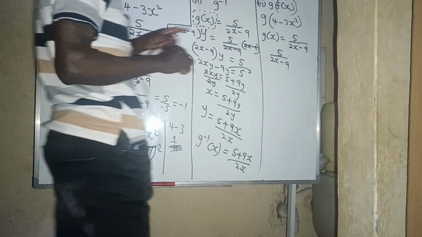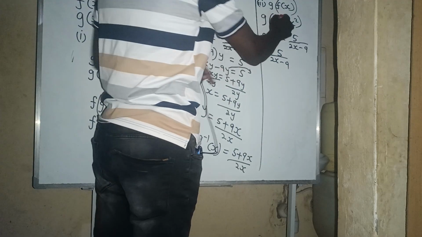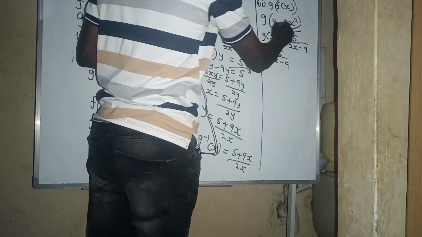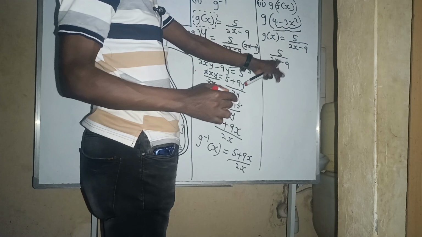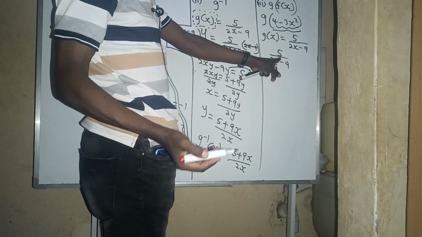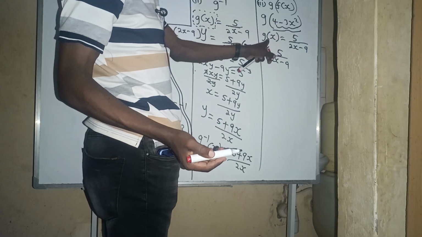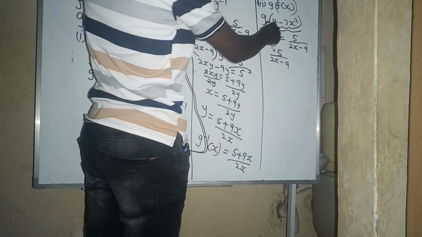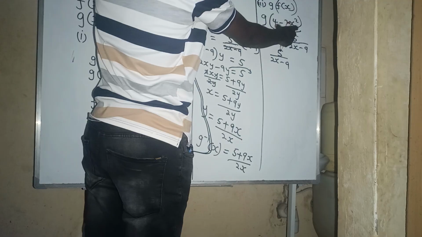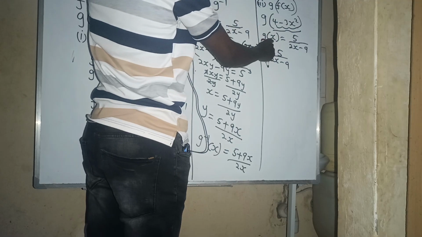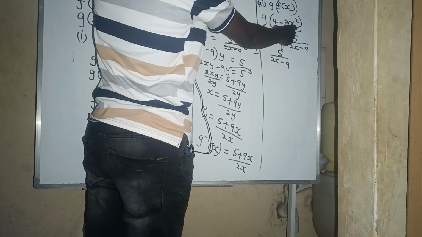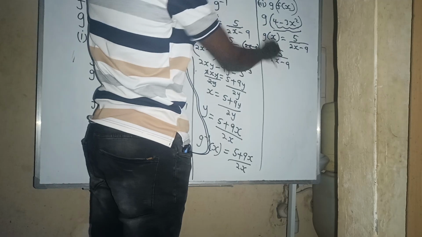Then I'm going to pick that function of f in terms of x. I substitute in this function of g. How? Where there's x, I put that because it is g(x). But now we don't have an exact value of x. We have a function. So instead of putting this x here again, I'm going to pick this value. I put in that space where there's that x.